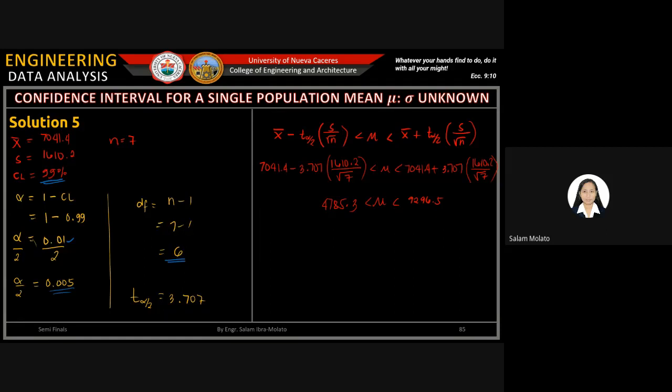So we can now say that we estimate with 99% confidence that the interval, ay, mali.